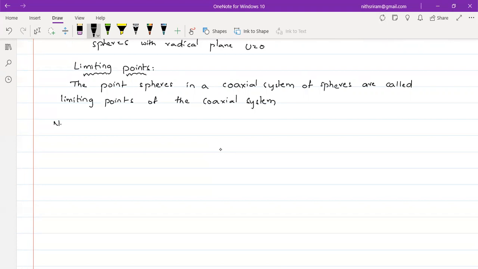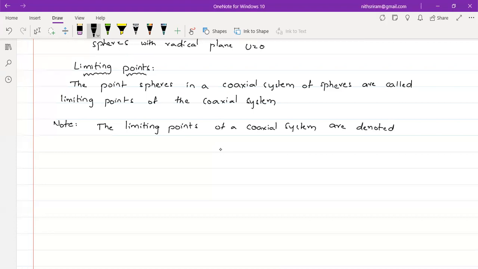Note: the limiting points of a coaxial system are denoted by the centers of the corresponding point spheres.